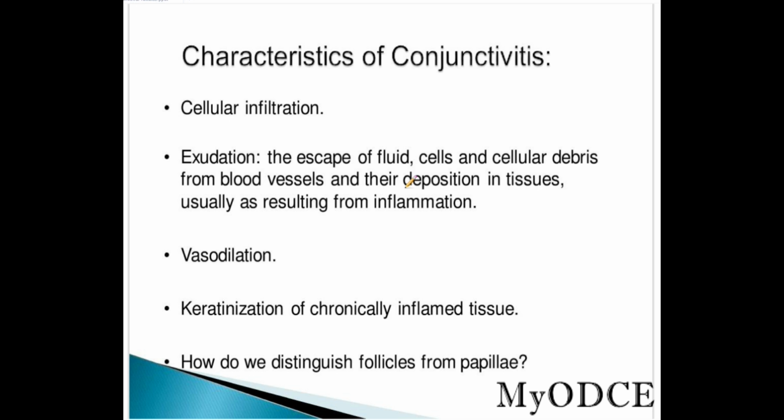So, characteristics of conjunctivitis. I think we all recognize it when we see it in the slit lamp, or when we're sitting across the exam room from a patient, we all recognize that this person has some sort of conjunctivitis. But the characteristics responsible for that appearance are cellular infiltration, exudation, which is the escape of fluid, cells, and cellular debris from blood vessels and their deposition in tissues, usually resulting from inflammation, vasodilation, and keratinization of chronically inflamed tissue.